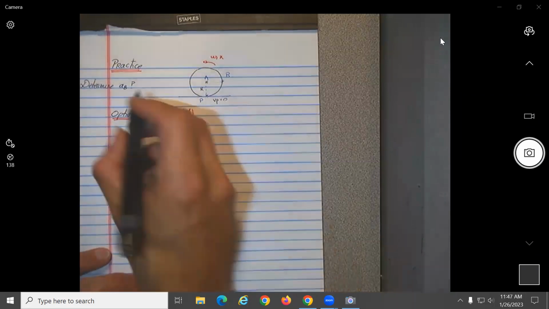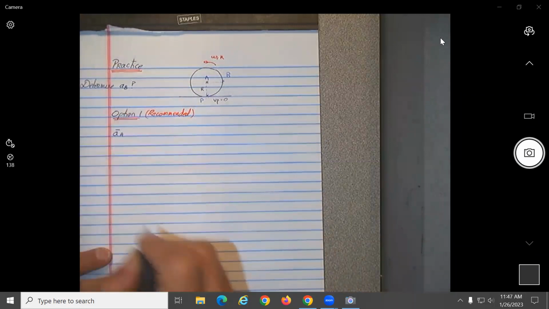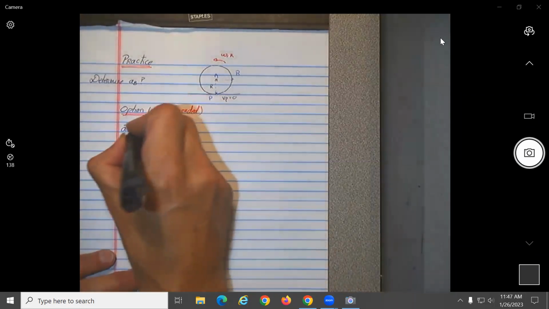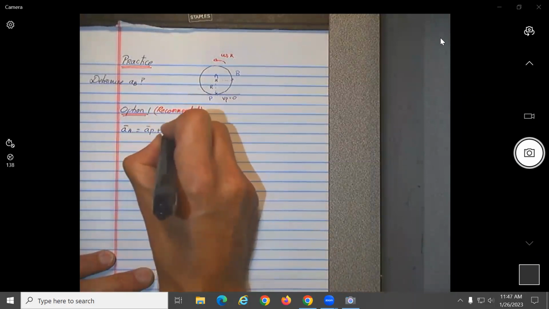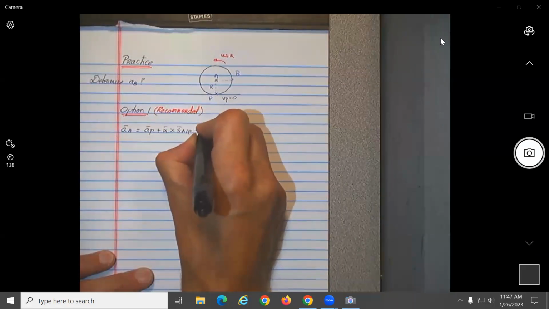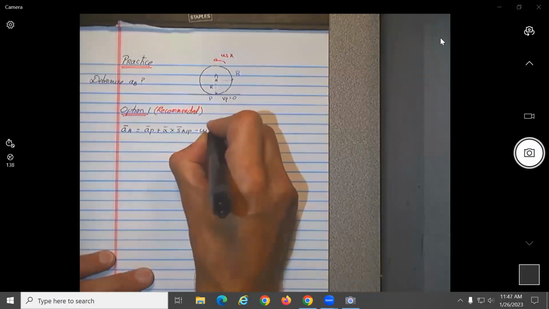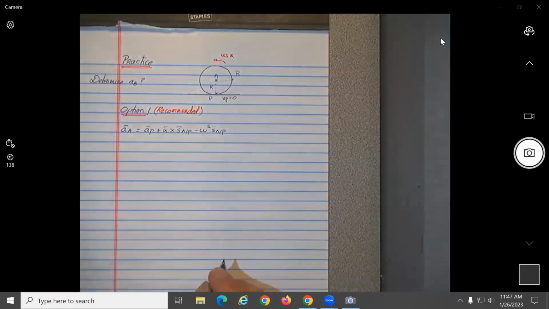So what can we do? We first can find the acceleration of point A. Acceleration of A equals acceleration of P plus alpha cross S of A with respect to P minus omega squared S of A with respect to P. We can go ahead and cancel.